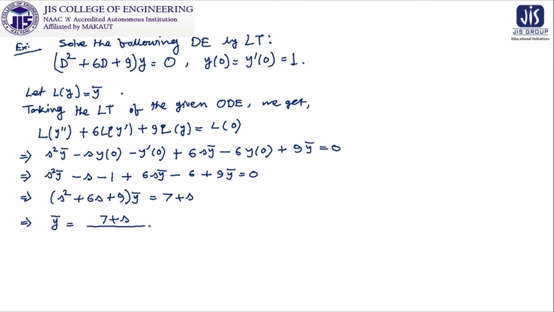I think all of you have identified what will be our next step and what is the scheme. Actually, we have mentioned that scheme in the last slide also. So we get y bar as s plus 7 by s square plus 6s plus 9. So from this we can write the Laplace inverse transform to find out y.